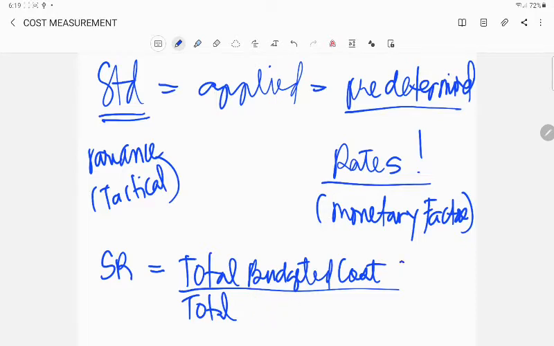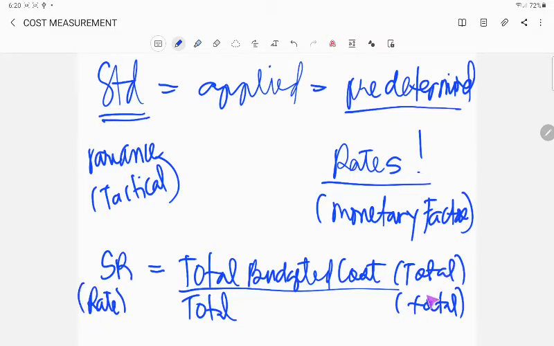Okay? Kasi ito, in terms of total to, ito, in terms of total, so ang makukuha natin dito, yung rate. Diba? Kasi total divided by total. But, it should be total in terms of monetary factor and total in terms of physical factor.